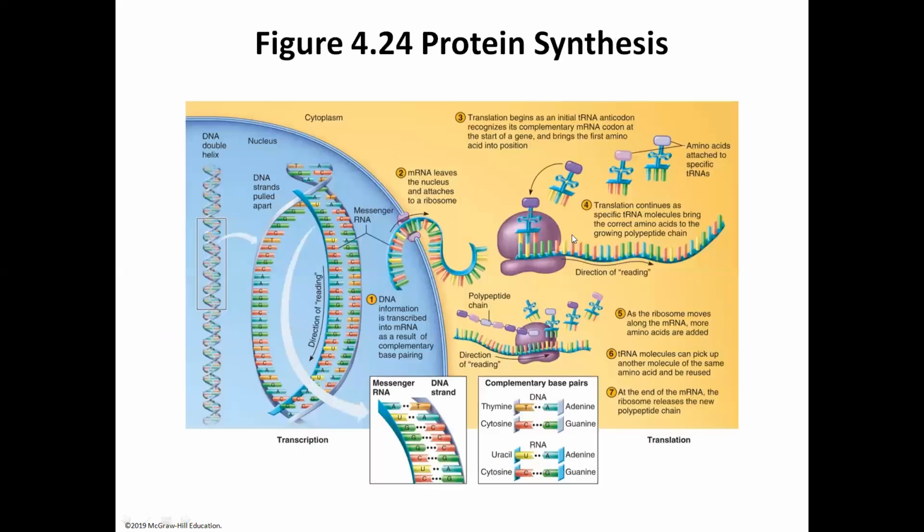So here's a nice overview of sort of what is going on. So it's showing you this idea of your DNA, then how it goes to actually producing that messenger RNA, the messenger RNA leaving the nucleus and actually attaching to the ribosome, and how it's truly making this strand of amino acids come together. And eventually, again, when we get this string of amino acids, we call it a polypeptide chain. Once this translation is done, we'll have this very long polypeptide chain.